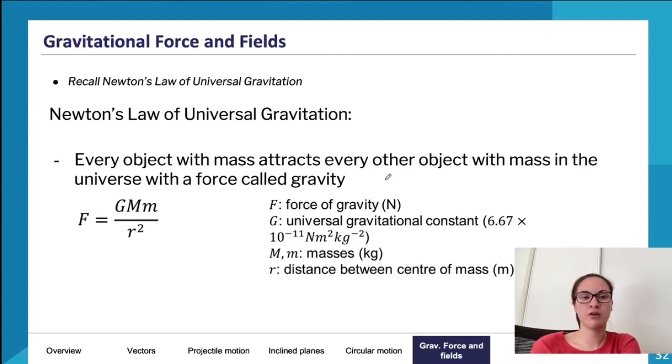Newton's law of universal gravitation, and I advise you to memorize this if you can, because what QCAA tends to do when they write the exams, especially for physics and chemistry, is say, pick the right definition for Newton's law of universal gravitation, or the definition of a vector, or something like that, and the wording might be slightly off.